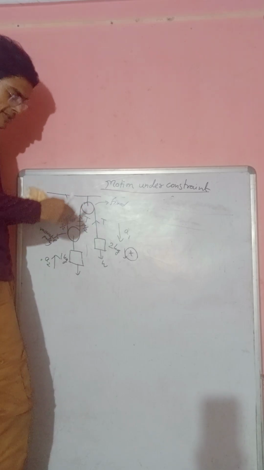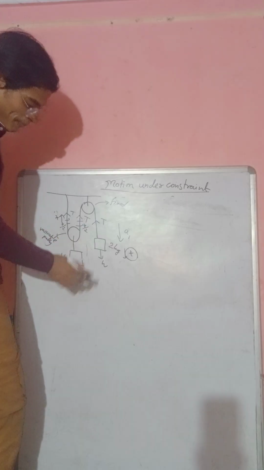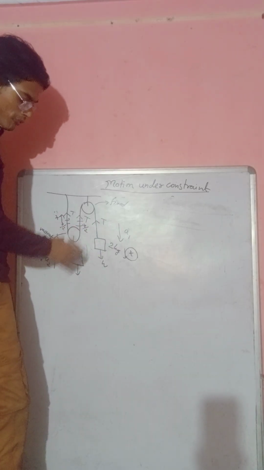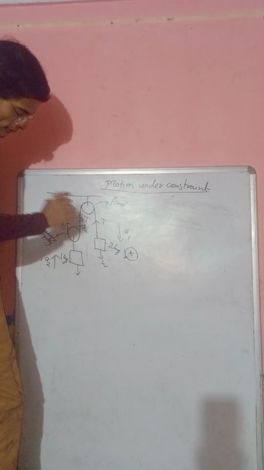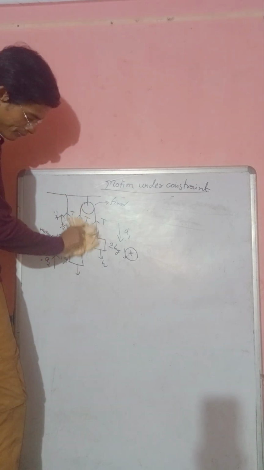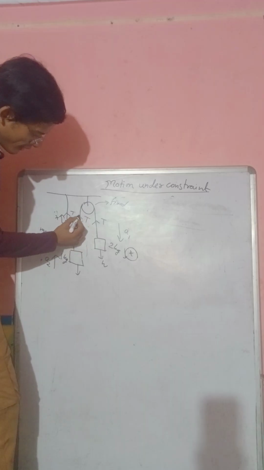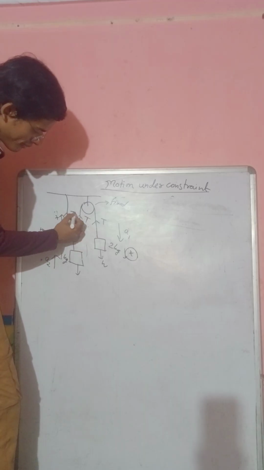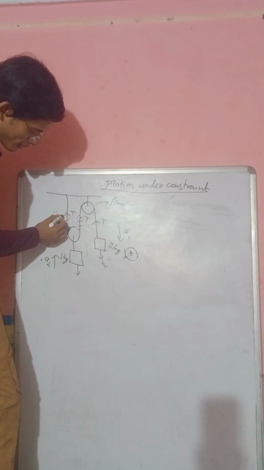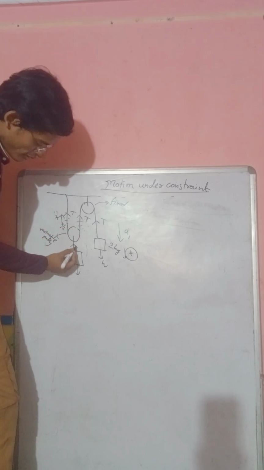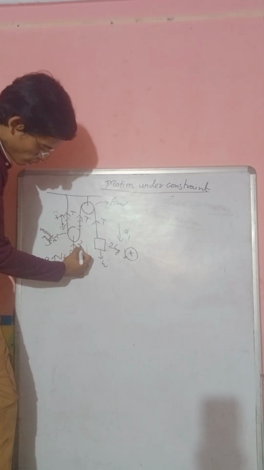So let's see how we can find out the acceleration of both the pulleys. Now before that, let's see here, in the upward direction is the tension force. So both the strings will have the tension force in the upward direction. So this will be T plus T, 2T.